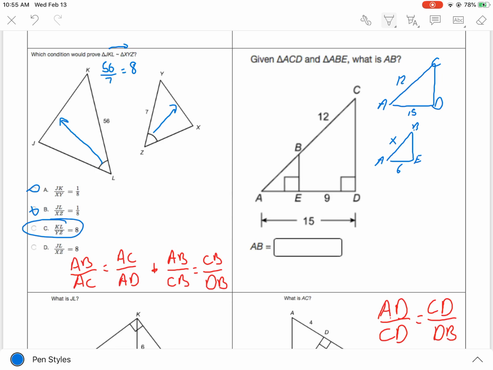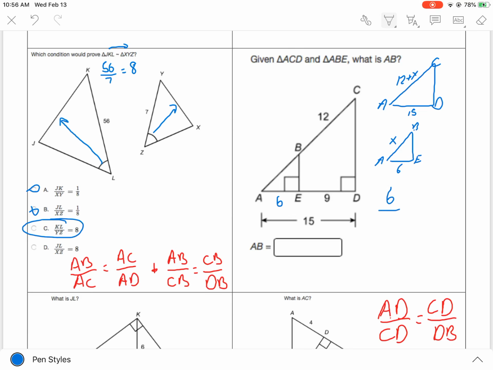We know that this is 12 plus x. So we could solve it that way, or we could say that this is 6.